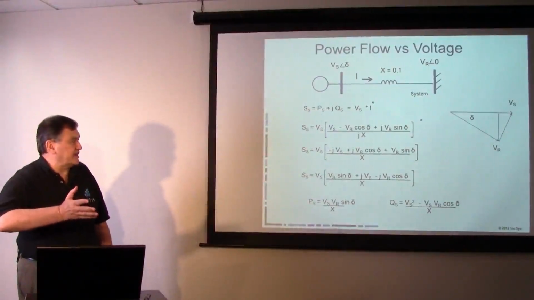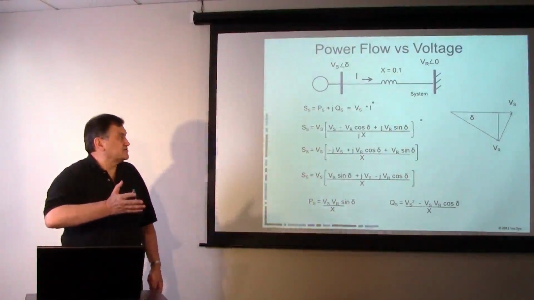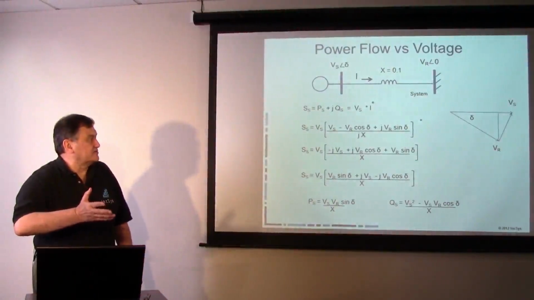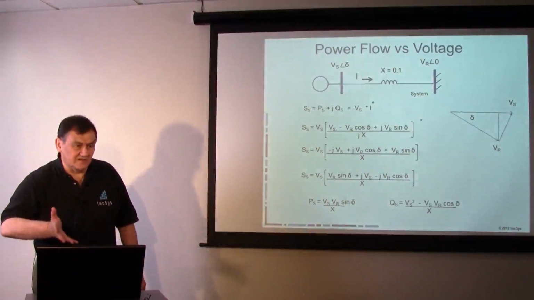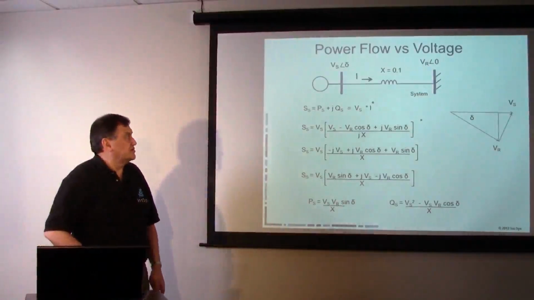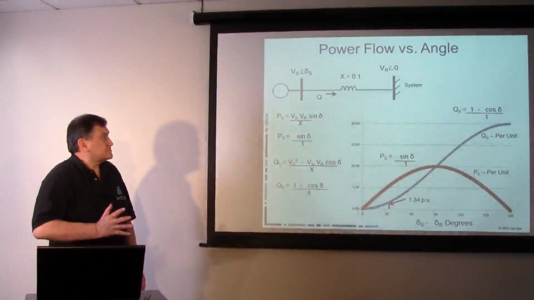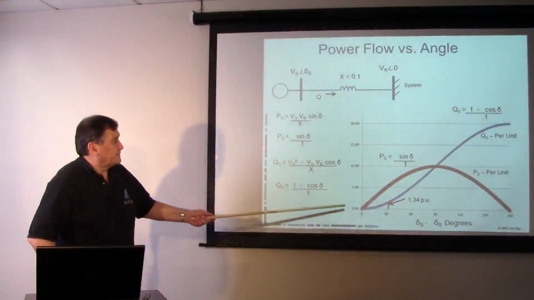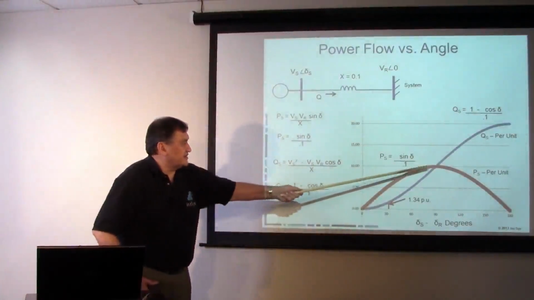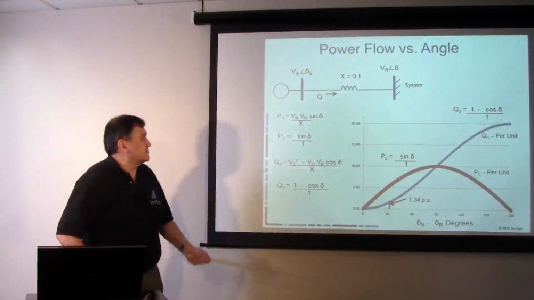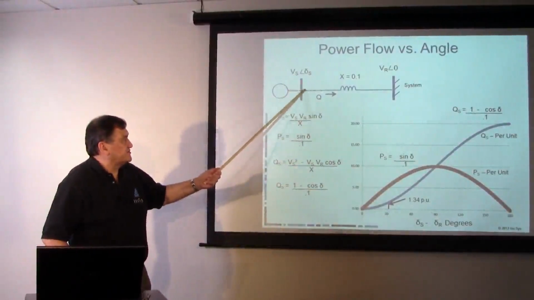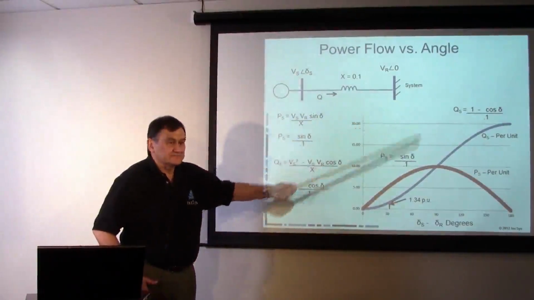we've had the question, how does this relate to the angle at both the sending and the receiving end? And so the bottom line is the power flows as a function of the angle, and so this angle has to be advanced for the power to flow in that direction.